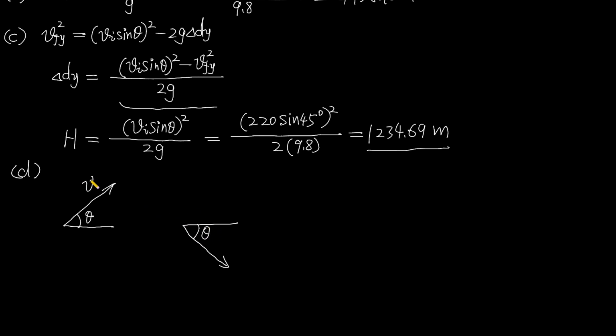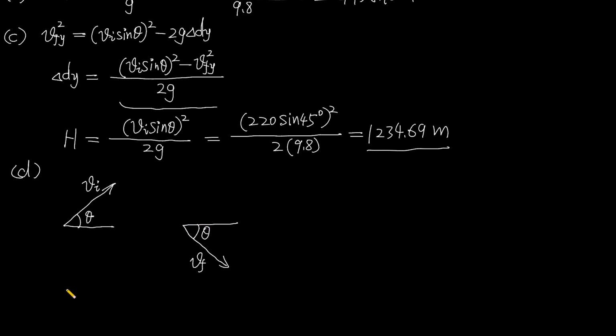So this is its initial velocity, and this is its final velocity. The direction of its initial velocity is angle theta above the horizontal line. Then the direction of its final velocity is angle theta below the horizontal line. And the magnitude of the initial velocity is the same as the magnitude of the final velocity.